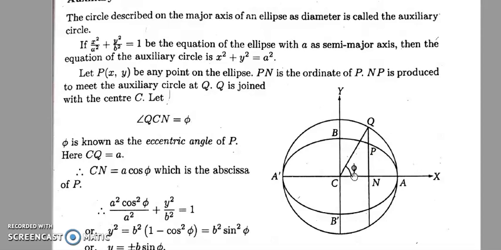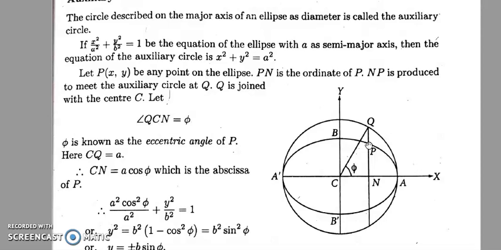And now we will see how to calculate the value of phi, or we will see a relation involving phi, so that we can calculate phi for any given point. So the eccentric angle is this: take an arbitrary point P on the ellipse and consider the ordinate of that point.